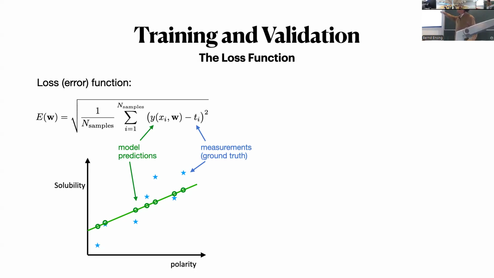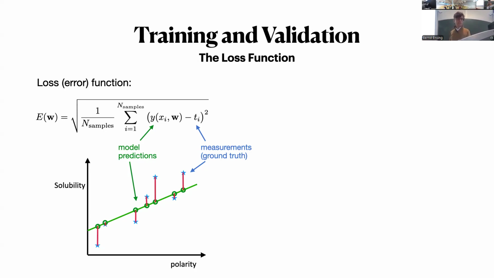So that's my representation of my model. Remember the representation I showed for the neural network, right? So I can just plug that in there, y that takes as input x, and of course the w's, the coefficients of the parameters that I learned and want to learn, and t are the targets, the labels, right? The ground truth it is called.